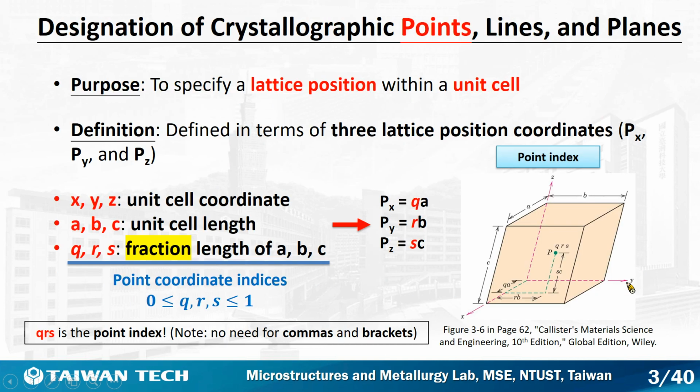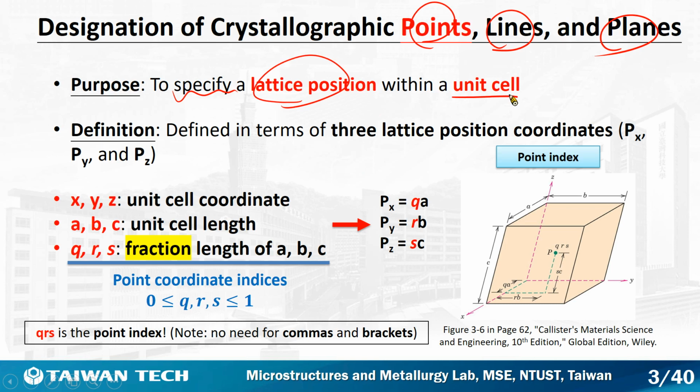Okay, and now let's talk about how we are going to define a lattice point or lattice line or lattice planes. On this page, let's first try to specify lattice positions within a unit cell.